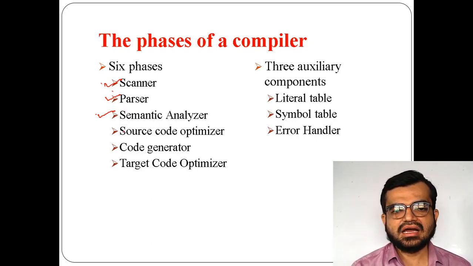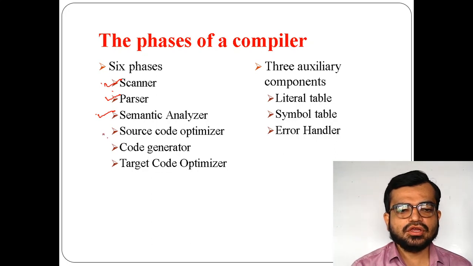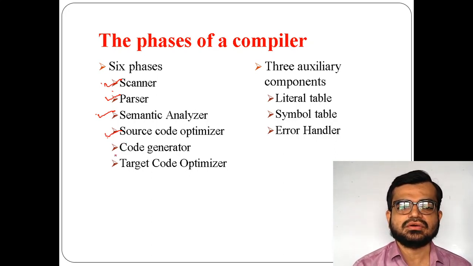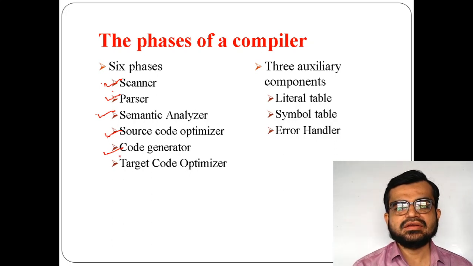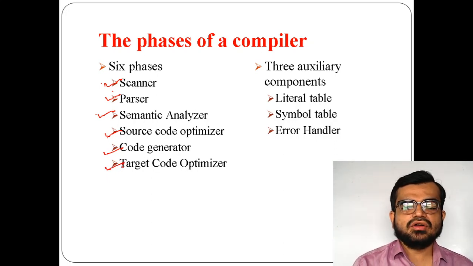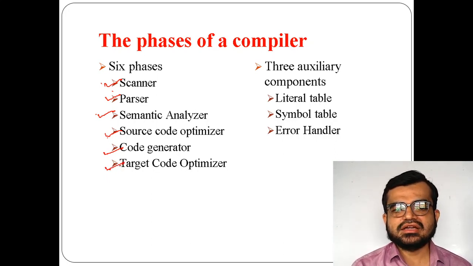The next is how to optimize the code. As I said, source code optimization doesn't mean just reducing the code, but also increasing the efficiency and speed of the code. Next is the code generator, which helps us generate the code. And the last is the target code optimizer. The target code which you have generated from the previous phase is optimized further.